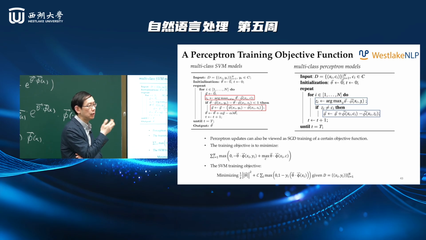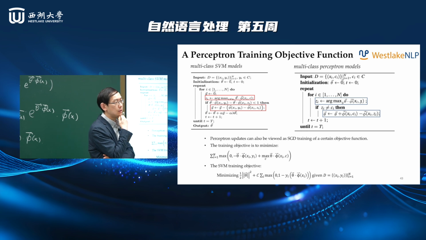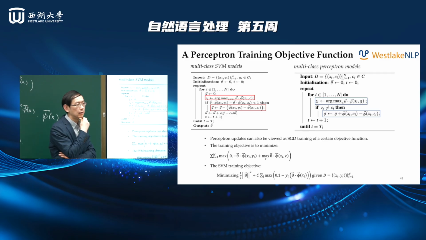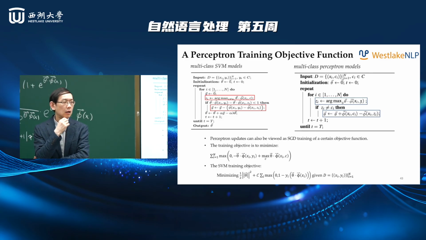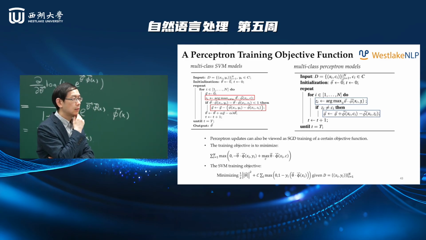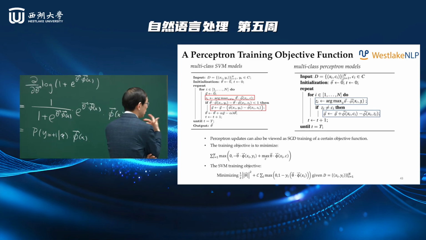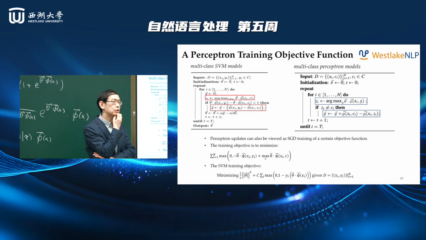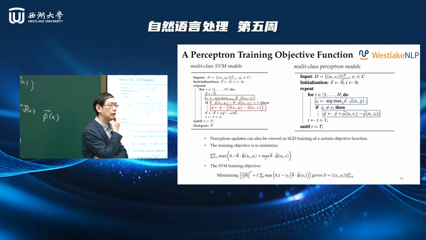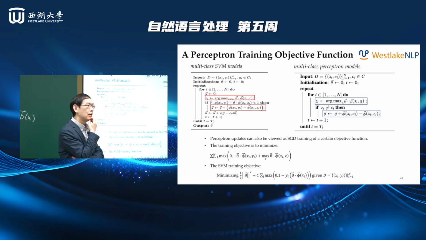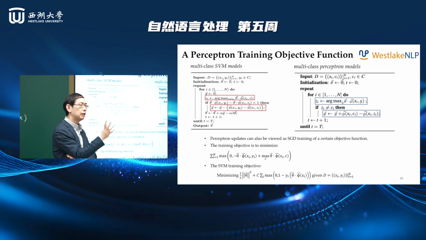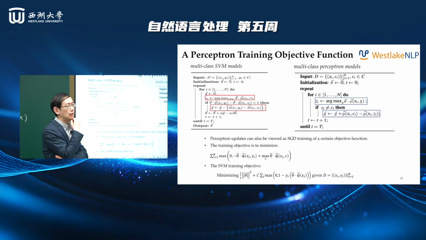As long as you have a training objective, you can use SGD to find the weights. Using SGD, I compared the log linear model, SVM, and perceptron, and I find they are so similar. They only have subtle differences, but they are all an iterative online learning process.